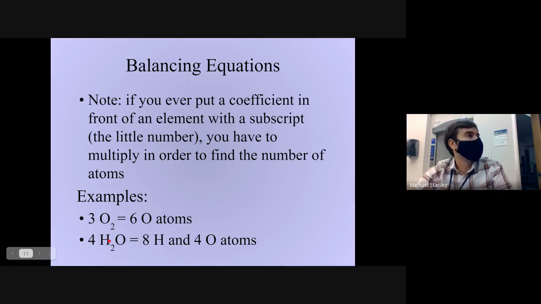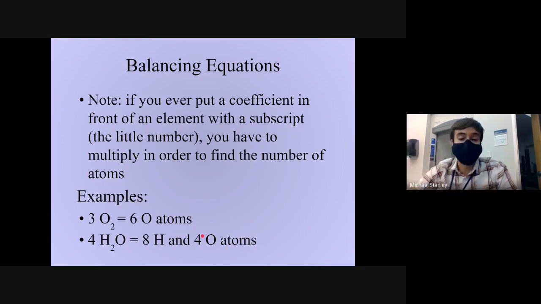So 4 H2s, 4 times 2 is 8, so that gives us 8 hydrogen atoms. And O doesn't have a subscript, so there's only the one O. So 4 O's gives us a total of 4 oxygen atoms.